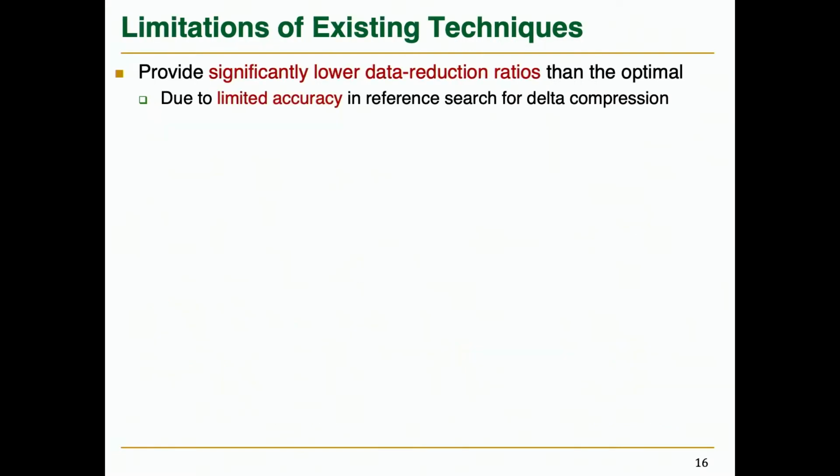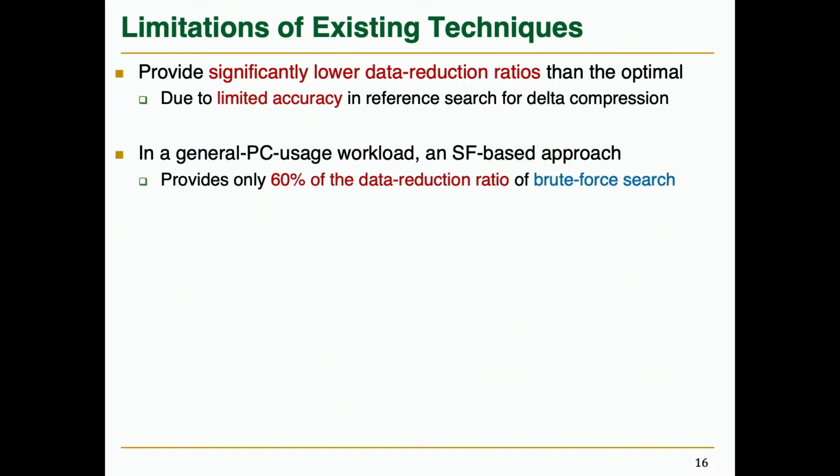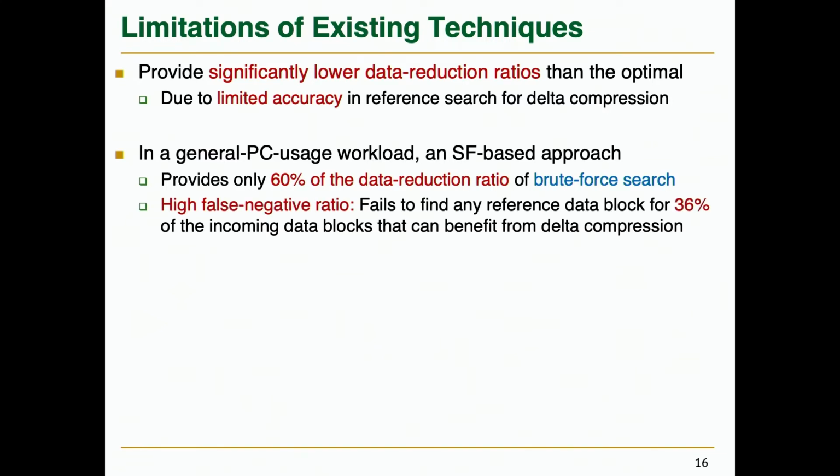However, according to our analysis, existing super-feature-based techniques provide a significantly lower data reduction ratio than the optimal. For example, in a general PC usage workload, a super-feature-based approach provides only 60% of the data reduction ratio of the brute force search. It turned out that the core problem is a high false negative ratio.